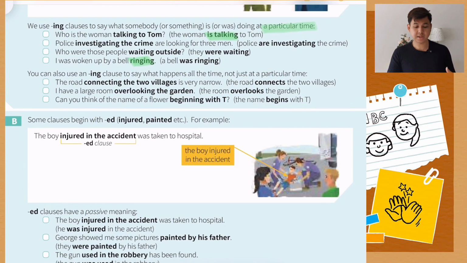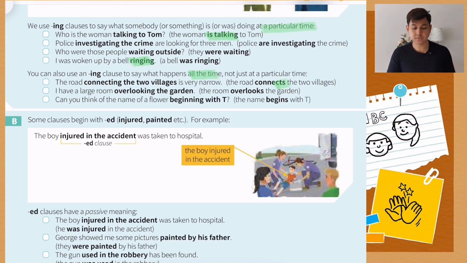You can also use an -ing clause to say what happens all the time, not just at a particular time. The road connecting the two villages is very narrow. Usually we use present simple tense for this case. The road connecting the two villages is very narrow is the fact, it's always like this.